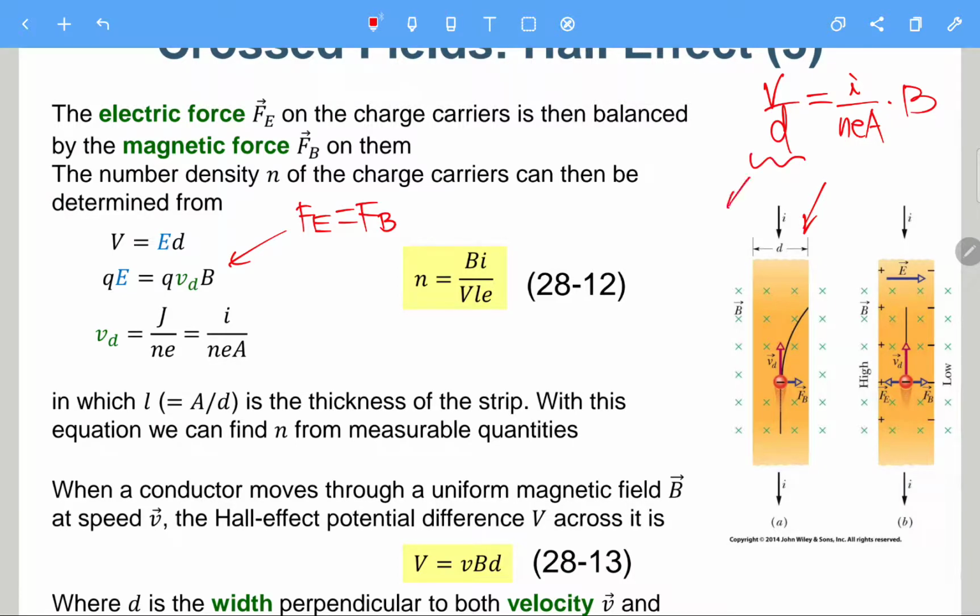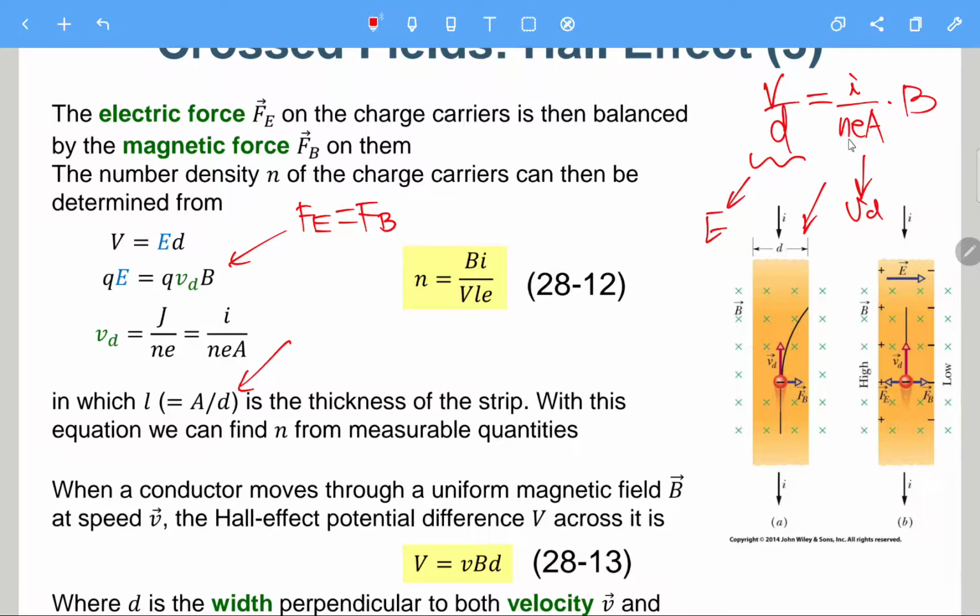So in this case, you just move n to the left side and V over D to the right side, so that you have V. First, you have BI on the top, and then A over D. A is the cross-section area, and A over D will become L, which is the thickness of the strip.